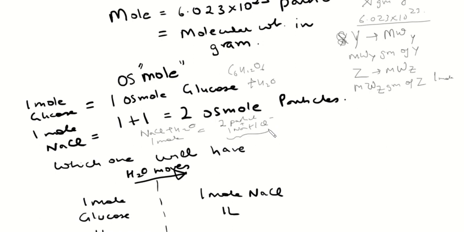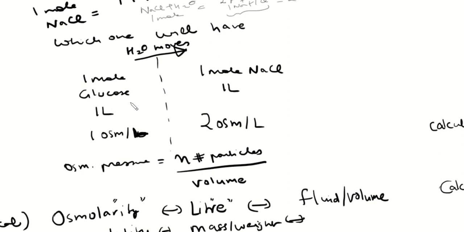So essentially I have 2 osmoles of sodium chloride when it is dissolved. So 1 mole of glucose in 1 liter gives me 1 osmol, 1 mole of sodium chloride in 1 liter in this compartment gives me 2 osmoles per liter.